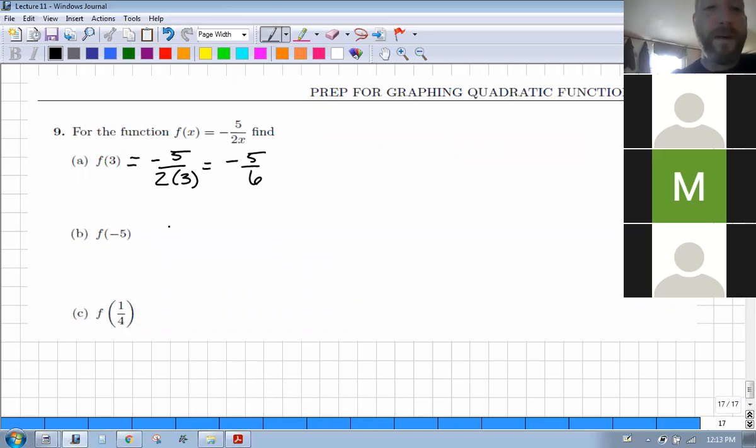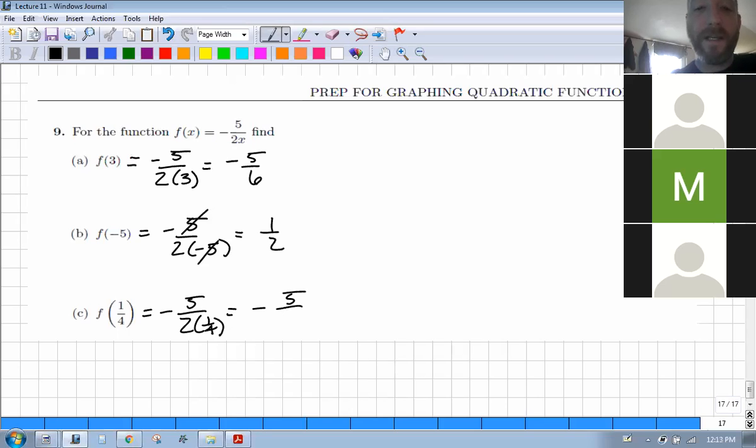F of -5, we're just replacing the x with a -5. So this is going to be a 1/2. All right, -5/2 times 1/4. So we have 5. 2 times a fourth is a half. Dividing by a half is the same as multiplying by its reciprocal. Okay.